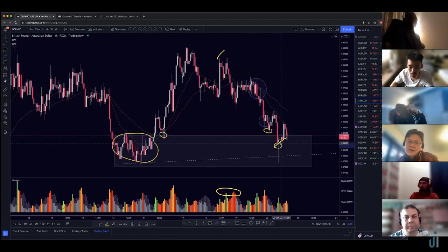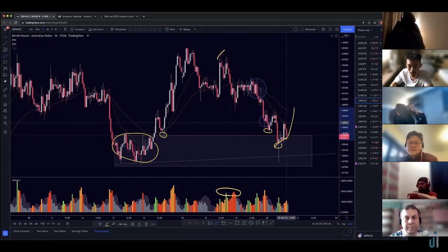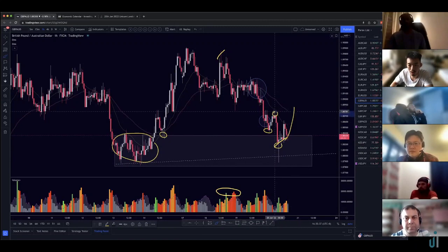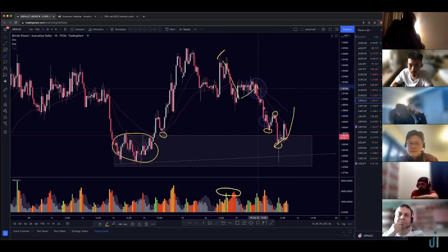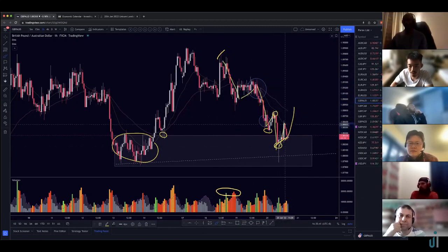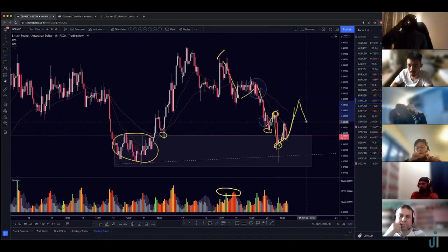Really deep. So how sure am I that we can still go up? I'm not sure, unless we change the trend again, like taking out that guy. That's true.